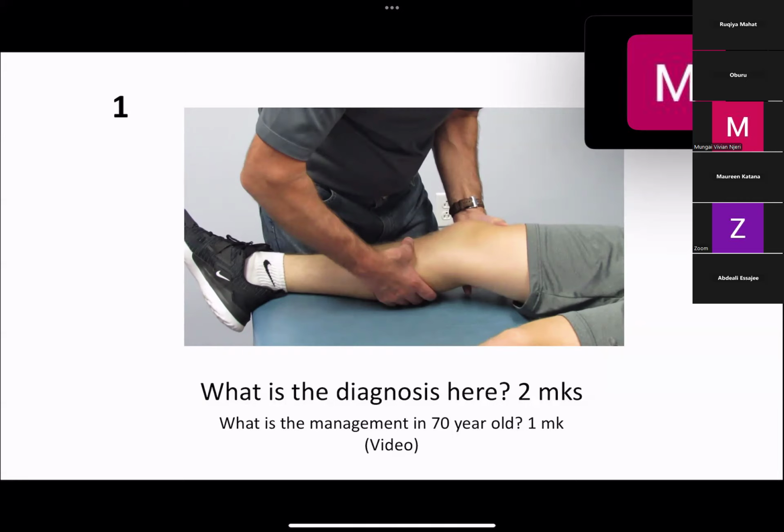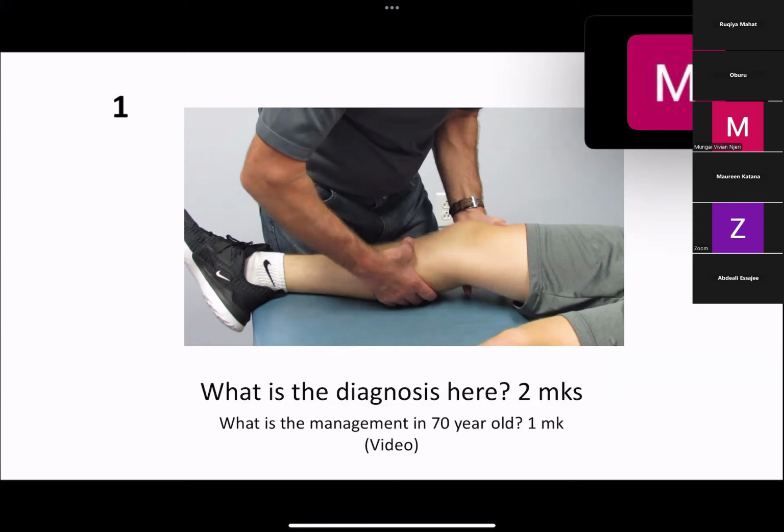What is the management in a 70-year-old? You can say this is positive. So how would you manage a 70-year-old? Sometimes you ask the student that and they give you a ridiculous answer. Supposing the anterior drawer was positive, what do you think?